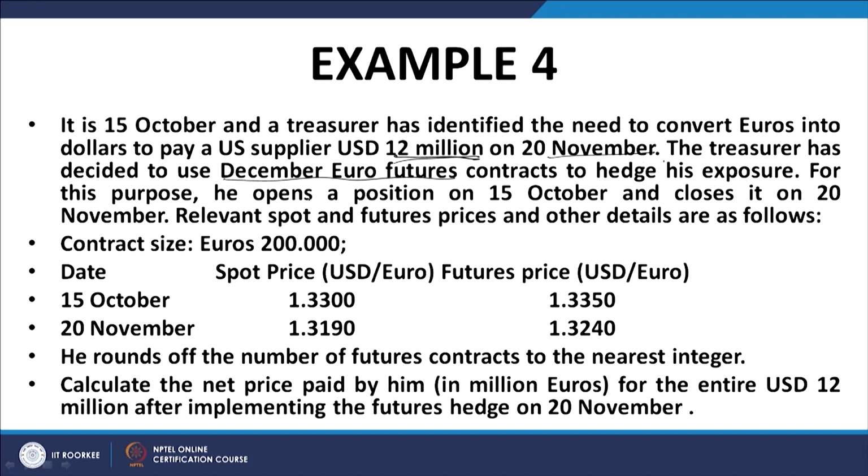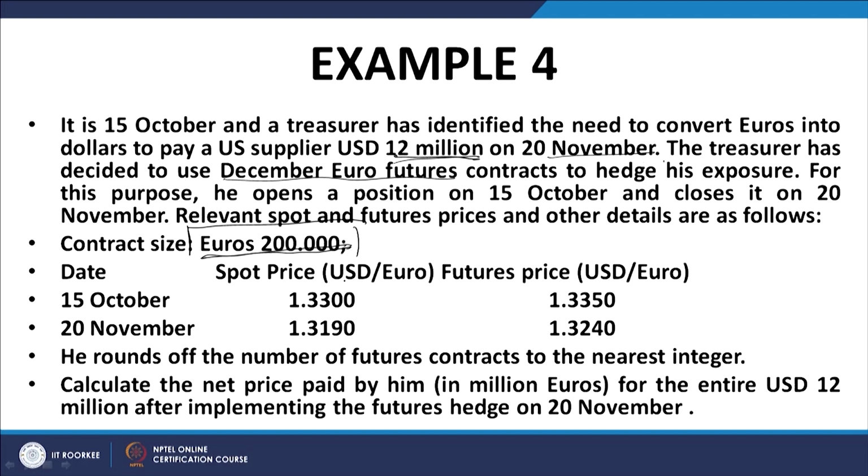For this purpose, he opens a position on this date and closes it on 20th November when he lifts the hedge. Relevant spot and futures prices are given below. This is the contract size, this is the lot size. We need to keep track of the manner in which the prices are quoted.